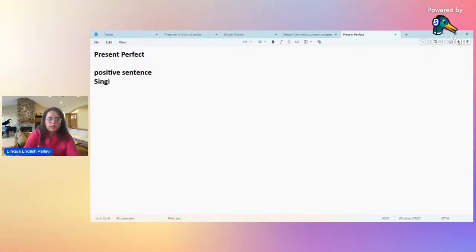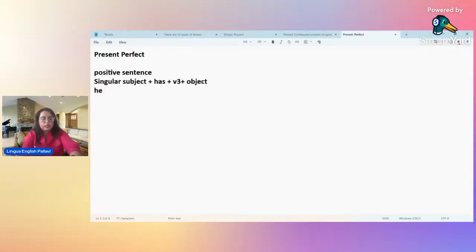Singular subject. Singular subject means something that is one, plus has, plus here we are going to use verb third form, verb 3, plus object. So it is singular subject plus has plus verb 3 plus object.